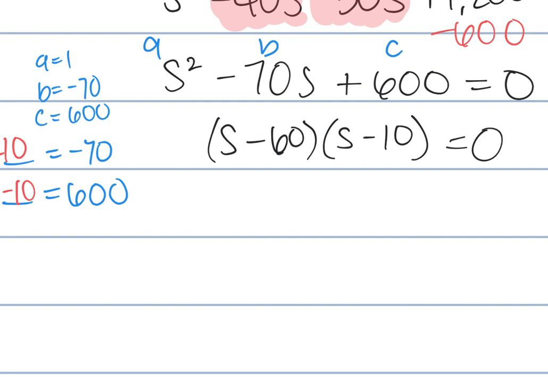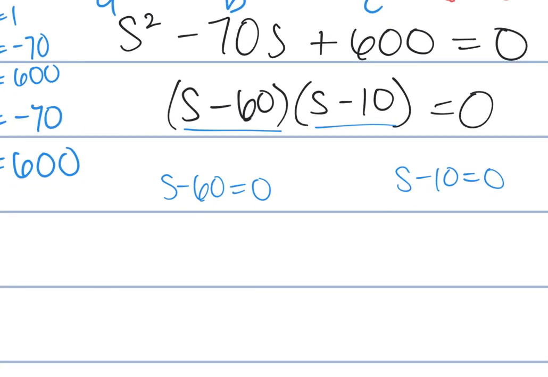You set each of them equal to 0. So we're going to say S minus 60 equals 0, and S minus 10 equals 0. How do I solve these? Add 60, add 10. You're going to get S equals 60 and S equals 10.